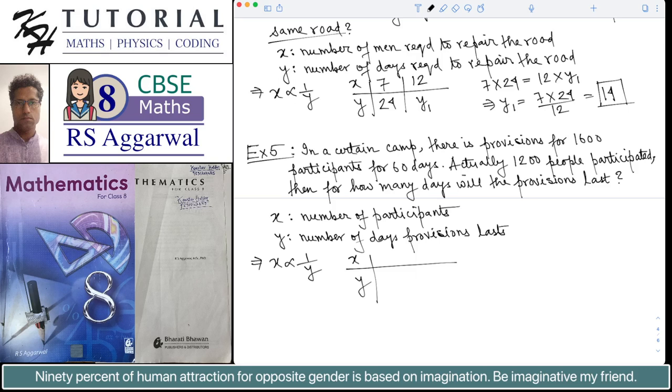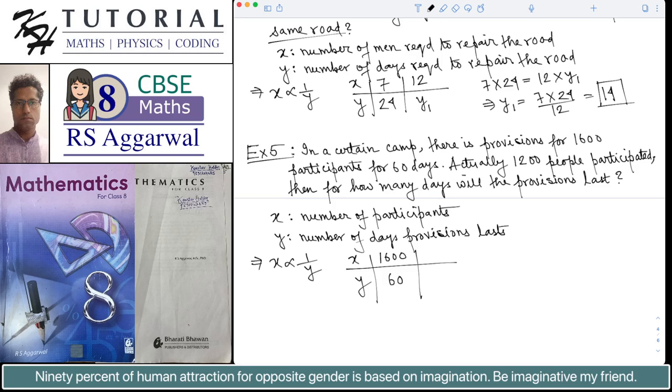X we have considered to be the number of participants, and Y the number of days the provisions last. For the first corresponding values, there are provisions for 1600 participants for 60 days. So 1600 will be the value of X, and 60 will be the value of Y. Now it is asking, actually 1200 people participated, then for how many days will the provisions last?